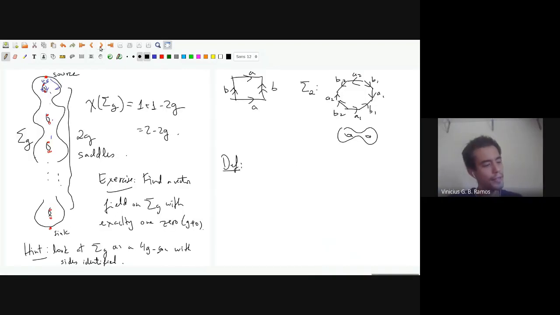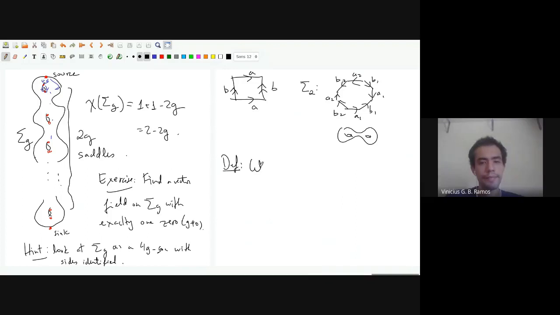Now let's go towards the proof of Poincare-Hopf. Okay, so we talked about isolated zeros to be able to define the index, but isolated zeros are not good enough. They're actually not generic. What is really generic is a simple zero.